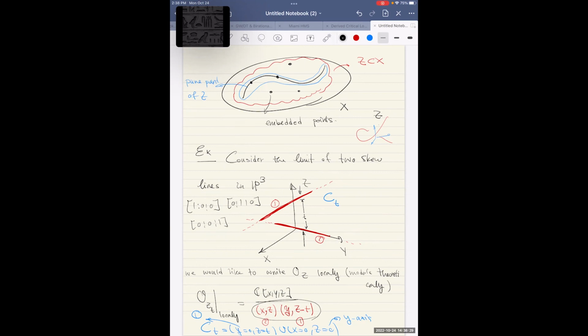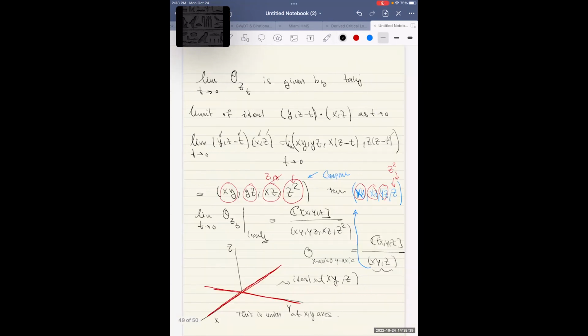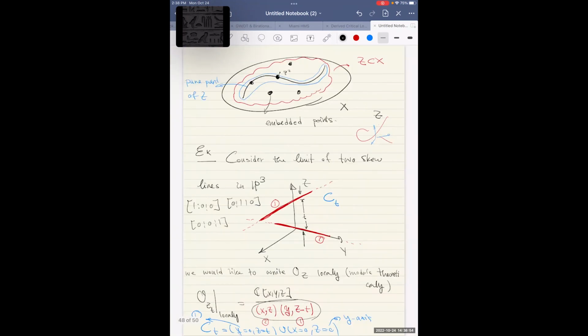So the space is not exactly just the space of curves, but these embedded points. This embedded point for us is that z squared thing that we were just talking about. If you continue the deformation process, you can have z to the 3, z to the 4, and this point keeps going up and detaching from the curve. So what the Hilbert scheme parameterizes is not just curves, but curves with embedded points on them or off of them.